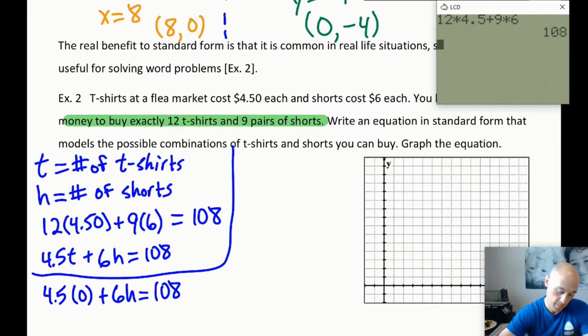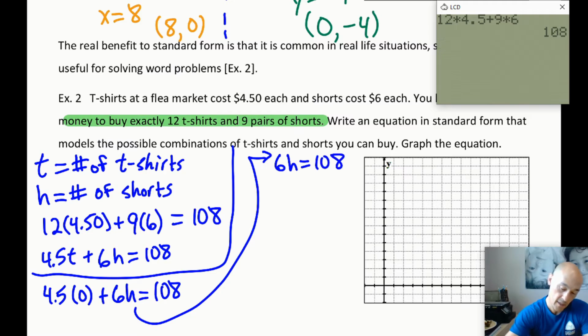So that's going to be 6H equals 108, divided by 6. Well, I didn't even do divided by 6. 18, that makes more sense. H equals 18.